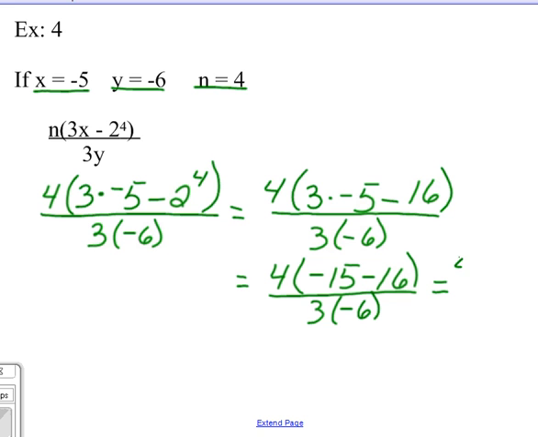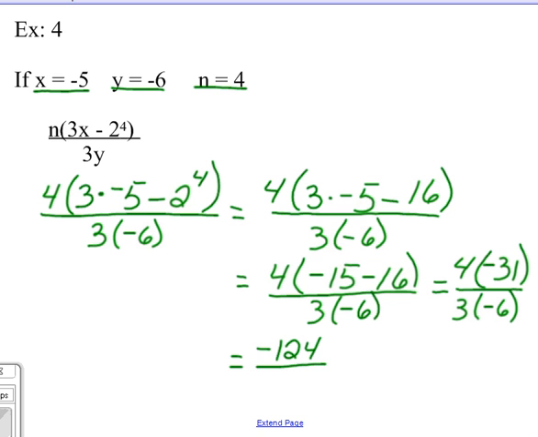Still inside parentheses, we have negative 15 minus 16, which is negative 31, all over 3 times negative 6. Now we can do the multiplying in the numerator and the multiplying in the denominator at the same time. 4 times negative 31 is negative 124. Over 3 times negative 6 is negative 18.